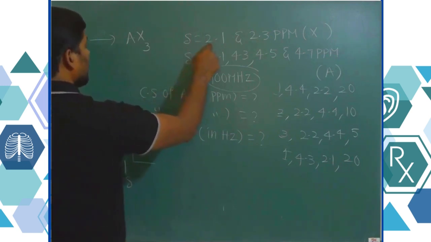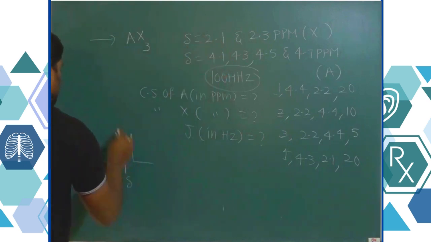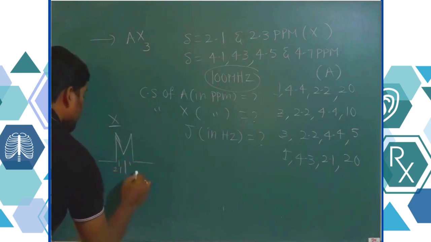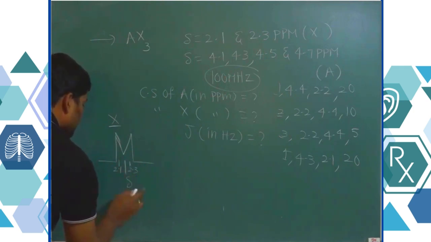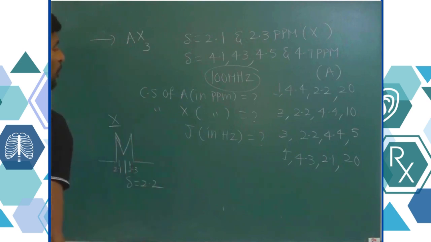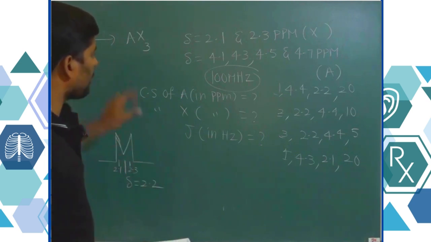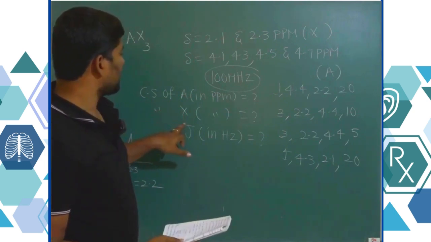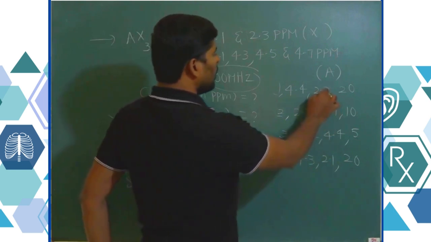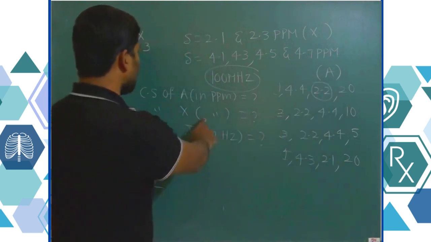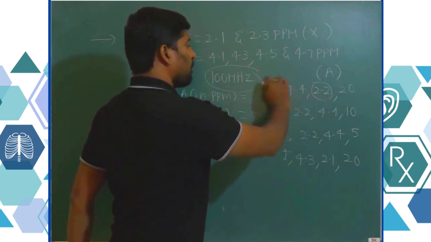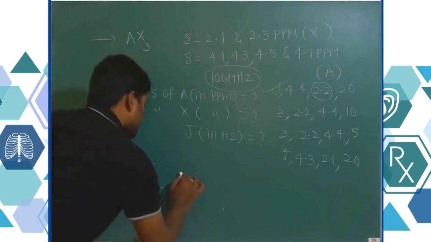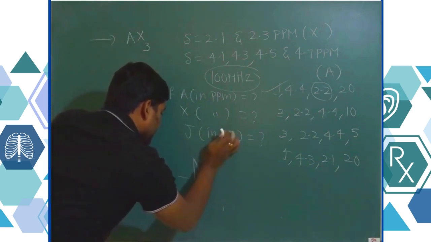For X type of protons, the two lines are observed at 2.1 and 2.3, so the center is 2.2. The chemical shift of X is 2.2, which is given only in option 1. So option 1 is correct. Now if you verify for A type of protons, what we have? A quartet.